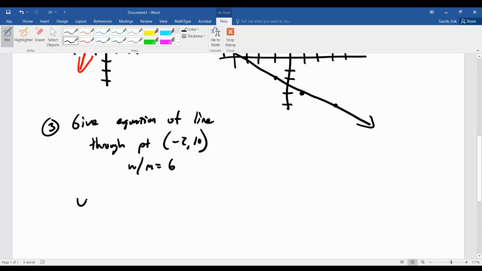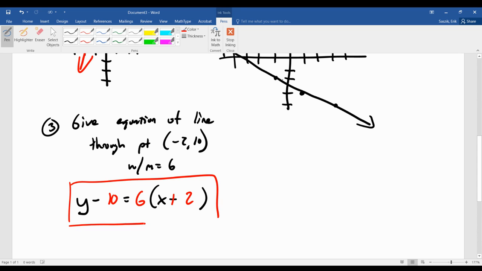So remember, the formula had minus, if you go and look. So this is kind of your template. Okay, so this is going to be y minus 10. You see, what's in black is a template. You put the slope in here, and then x, it would be minus a -2, so that would be x plus 2. And there's the equation of your line.